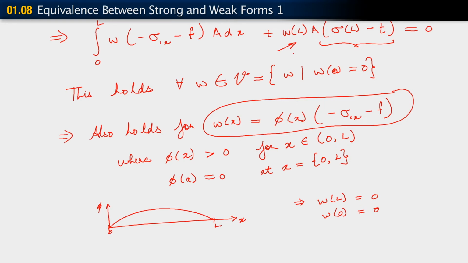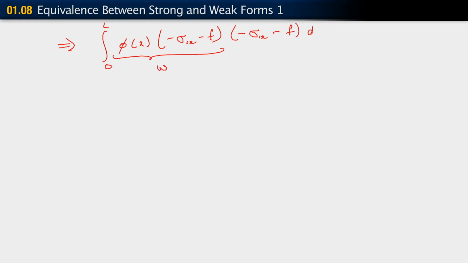That leaves us with integral 0 to L. Now, for W, we have phi of x times minus sigma comma x minus f. All of this is our W. But then this multiplied again by minus sigma comma x minus f dx equals 0. The other term involving the boundary terms vanished by our choice of phi.